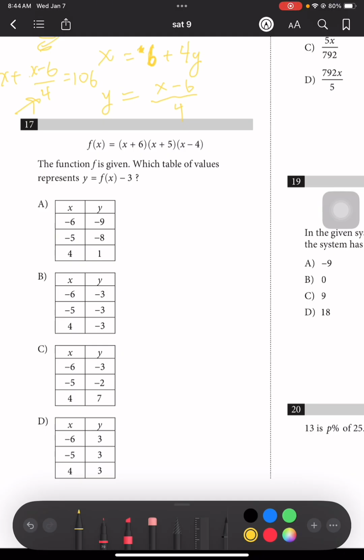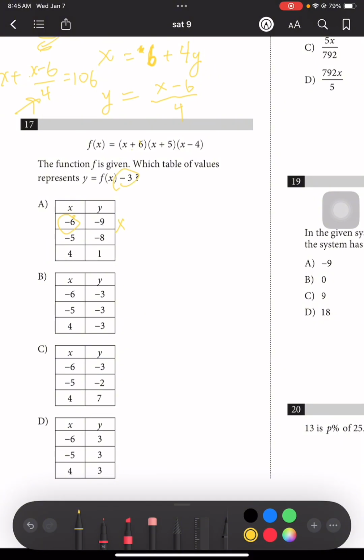f of x minus 3. Okay. That's wrong. Because if you put a 6 in here, right, that's a 0. Negative 6 plus 6 makes that 0. So the whole thing should be 0, but it should be minus 3.